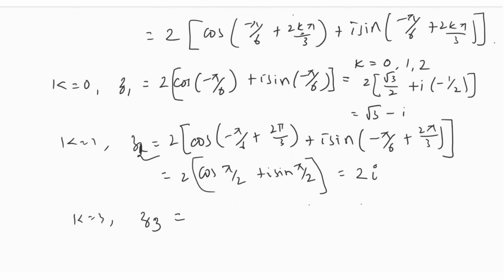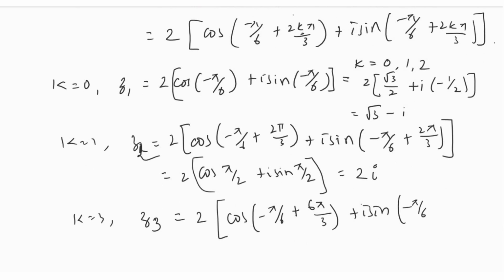So z3, for k equal to 2, will be 2 into cos of minus pi by 6 plus 4 pi by 3 plus i sin of minus pi by 6 plus 4 pi by 3, and this gives you 2 into 7 pi by 6, that is cos 7 pi by 6 plus i sin 7 pi by 6.